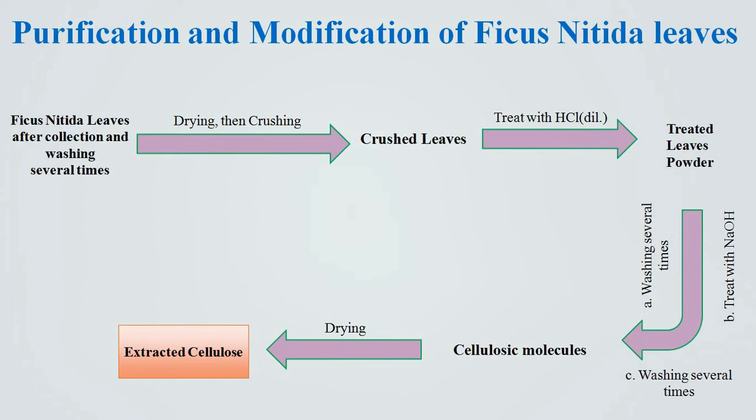After that, washing several times to reach neutral pH. Then we treat it with high concentration NaOH and wash several times to obtain the cellulosic molecules. After drying, we obtain at the end extracted cellulose without lignin and without other impurities in the fresh ficus nitida leaves.